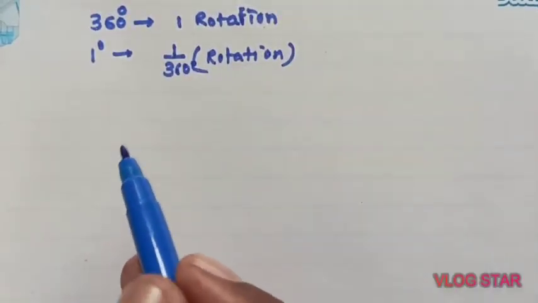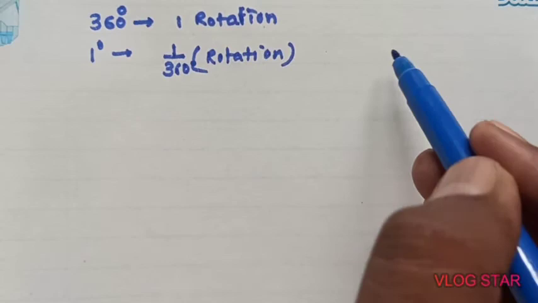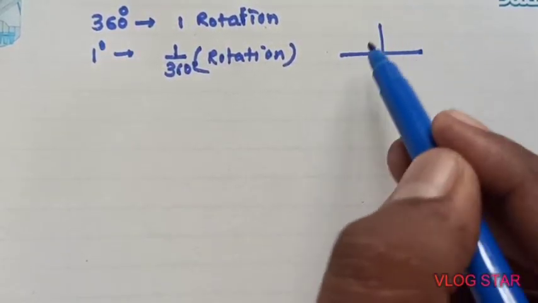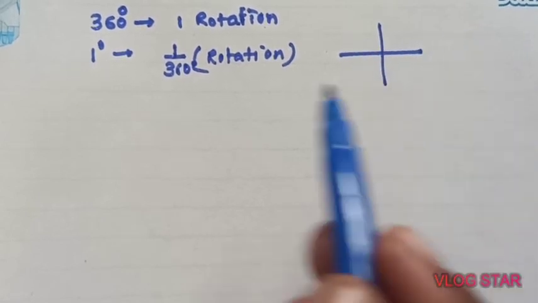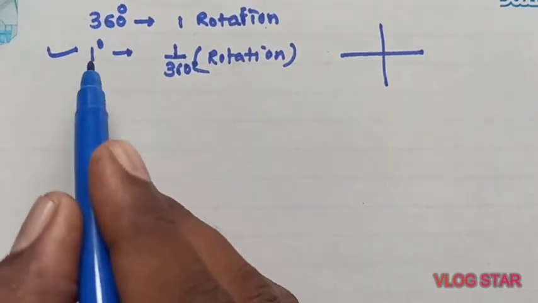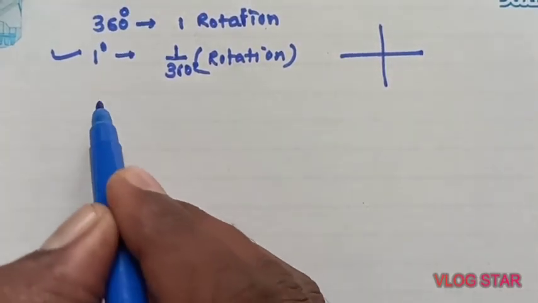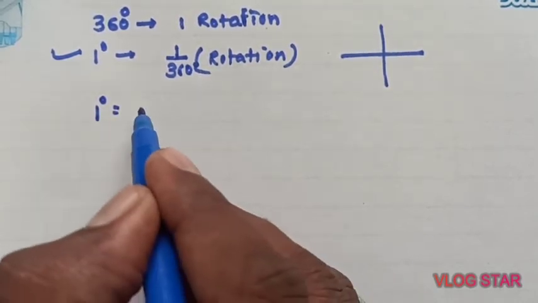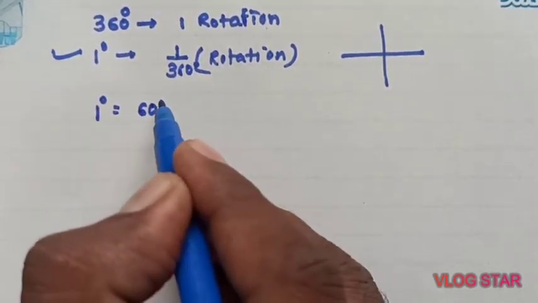Isn't it? Means if I divide the entire rotation in 360 parts, each part would be considered as 1 degree. And again, if I divide that 1 degree in 60 equal parts, so 1 degree is equal to 60 minutes.